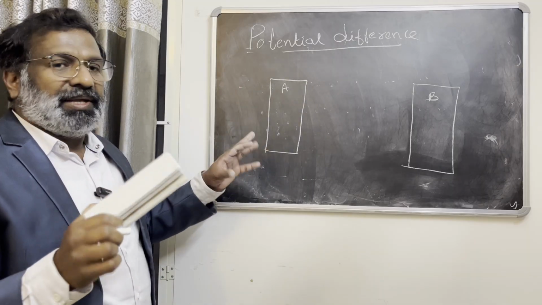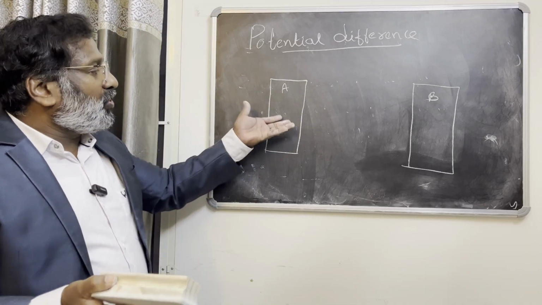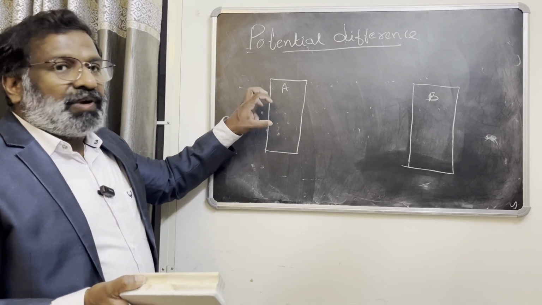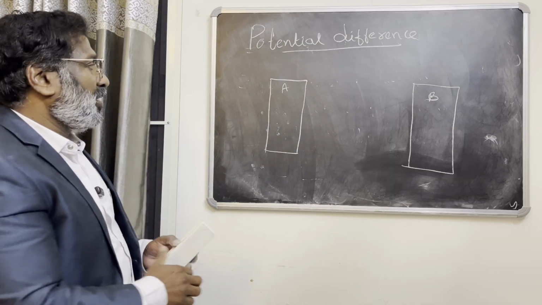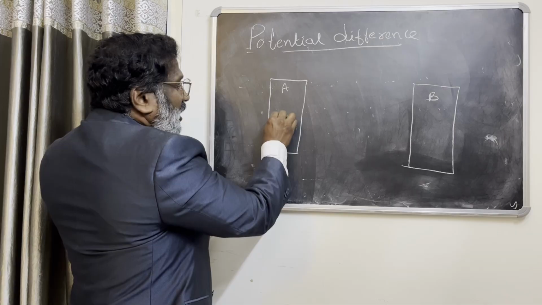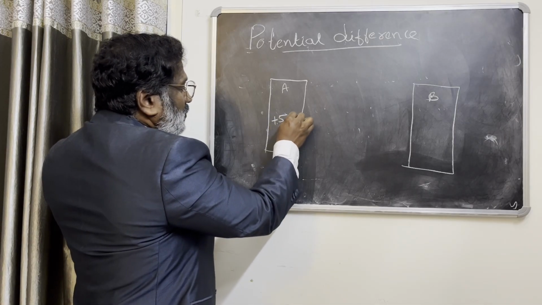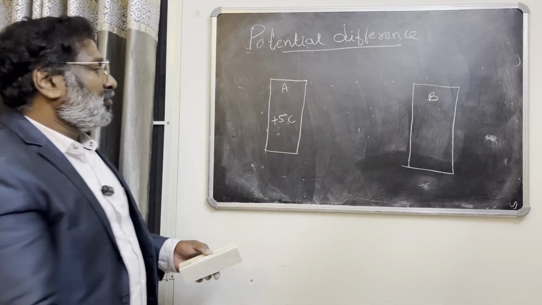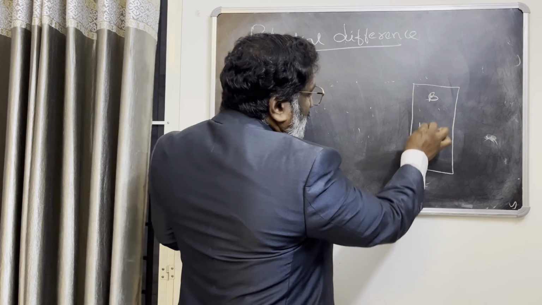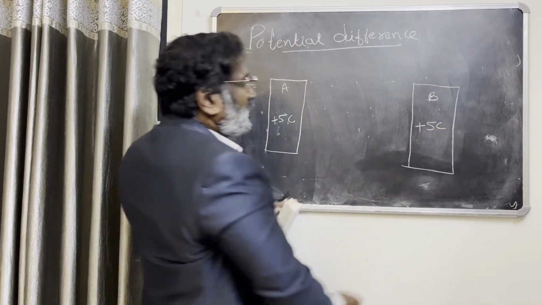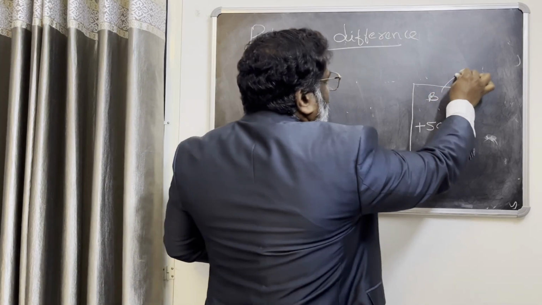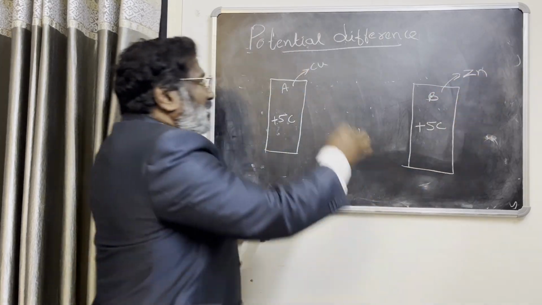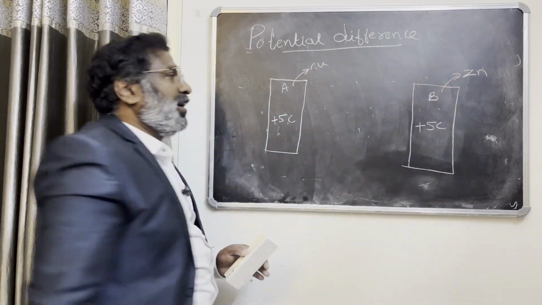So two different materials. In both cases, force of attraction over valence electrons will be different. And now I want to charge A to plus 5 Coulomb. I want to charge B also to plus 5 Coulomb. A, which we have assumed copper, and B, which we have assumed as a zinc plate.